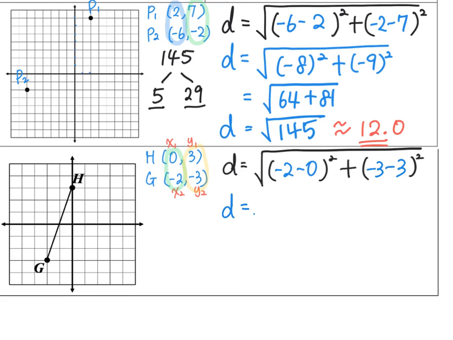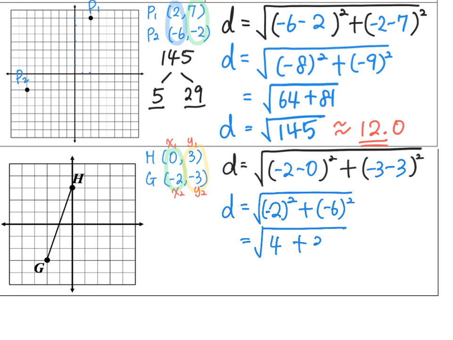So d equals the square root of negative 2 squared plus negative 6 squared, which will be 4 plus 36. So d equals the square root of 40. And let's try to simplify the square root of 40.